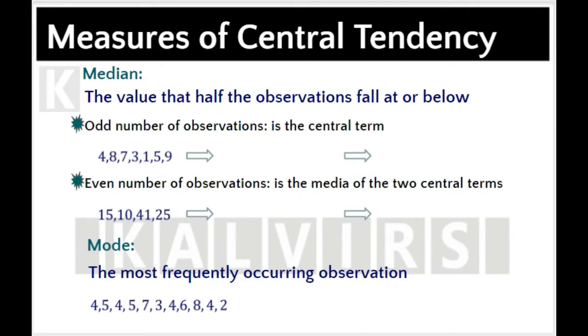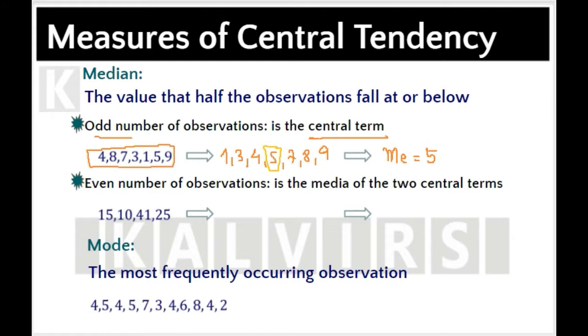The median is the middle value of a list of values arranged in increasing or decreasing order. If the number of observations is odd, the median is the central term. For the set shown, after rearranging terms 1, 3, 4, 5, 7, 8, and 9, the median is 5, the central term.